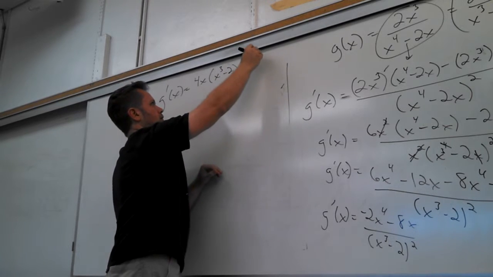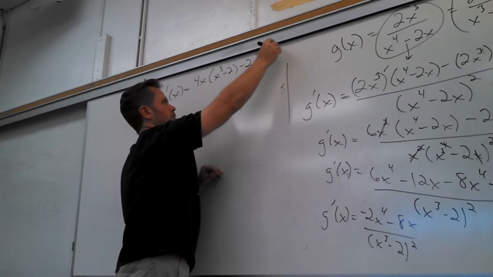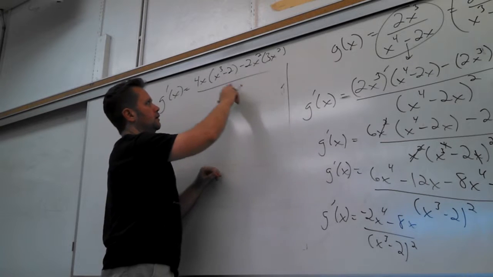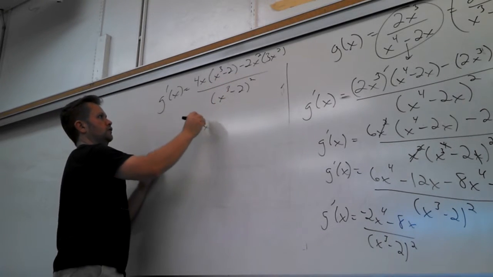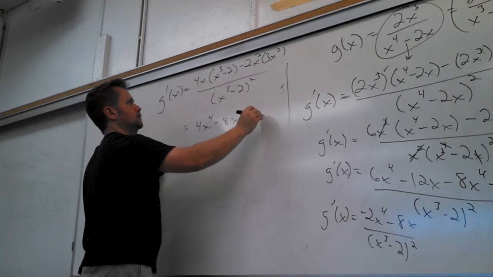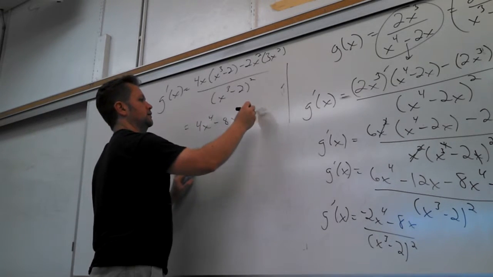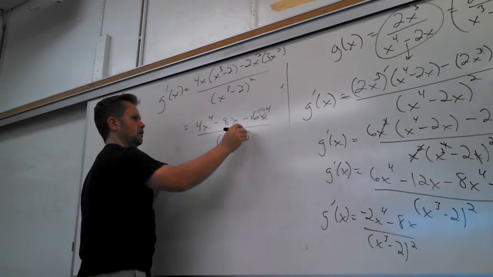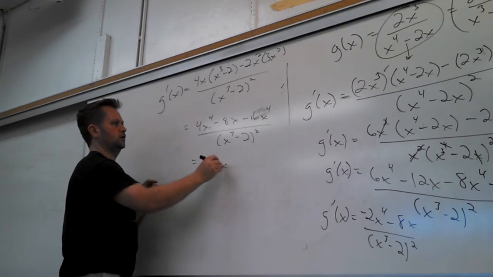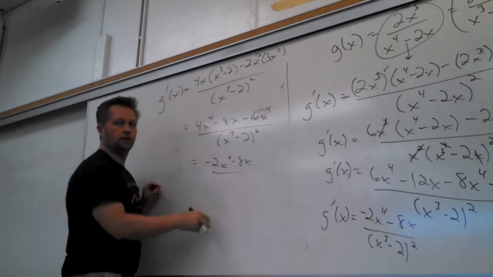The top times the bottom, minus the top times the derivative of the bottom, all over the bottom squared. So I'll get 4x⁴ minus 8x minus 6x minus 6x⁴, all over the bottom squared. So I get negative 2x⁴ minus 8x, the same thing.